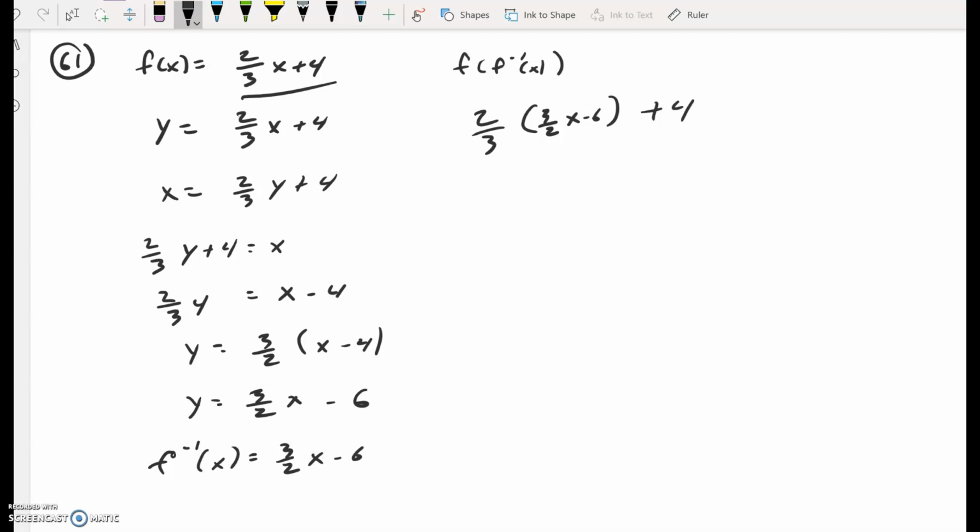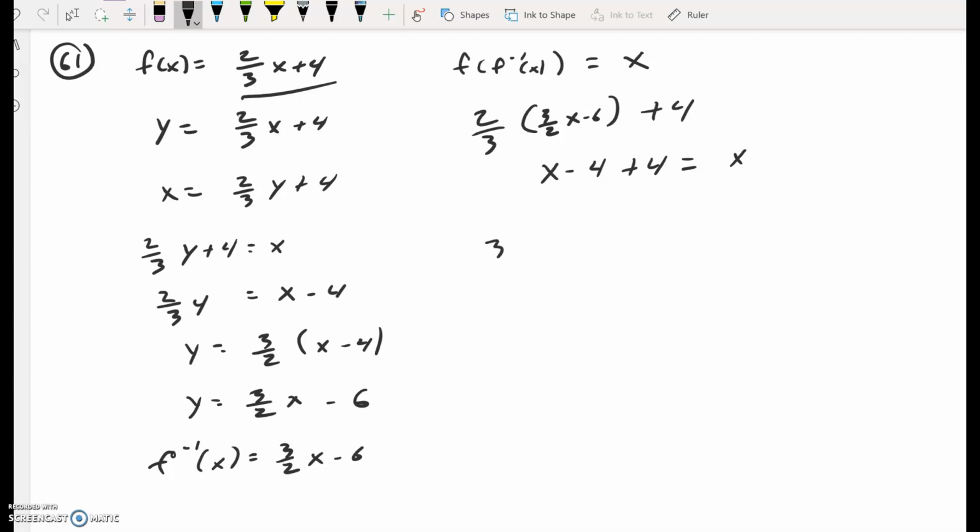And the value of this is you can see how this function and its inverse are kind of undoing each other. When we distribute the 2/3 through, we get x, and we get 2/3 times negative 6, which is minus 4. The 4's cancel, and sure enough, this is x.